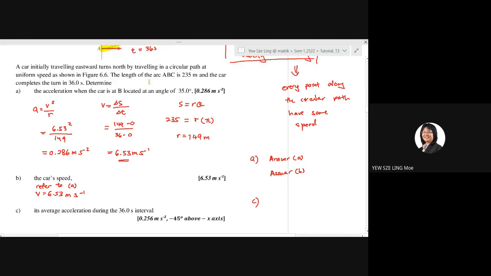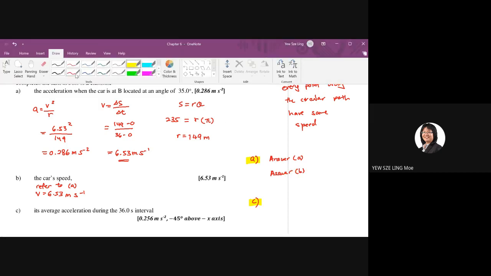Since you just label A and C, you are not answering question B, even though we know that B is in your question A, but we don't know whether you will use it for question B or not. As examiner, we cannot make assumptions.